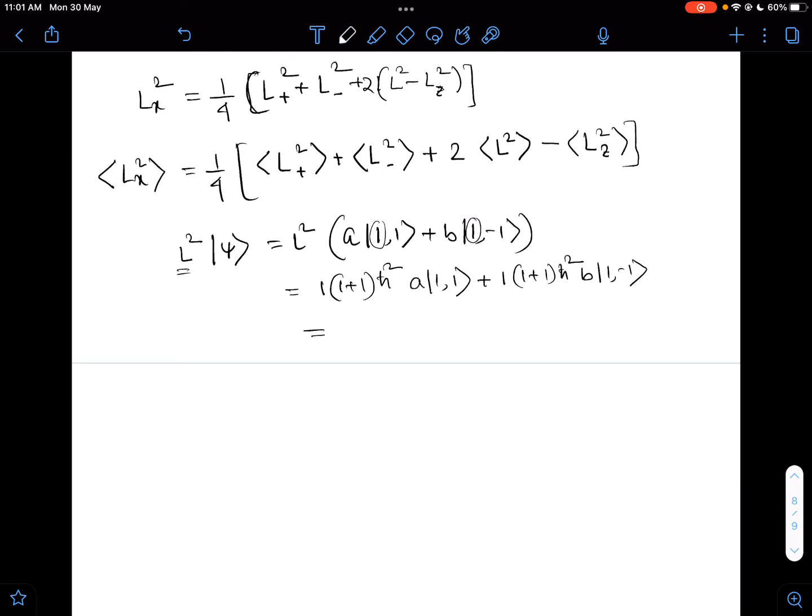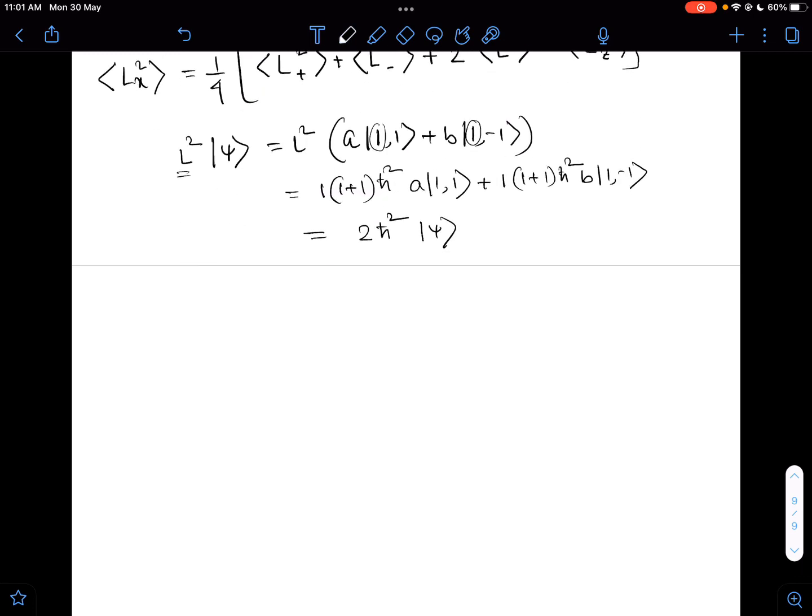So we are getting 2ħ² psi. So what will be the expectation value of L squared? It will give us 2ħ squared.